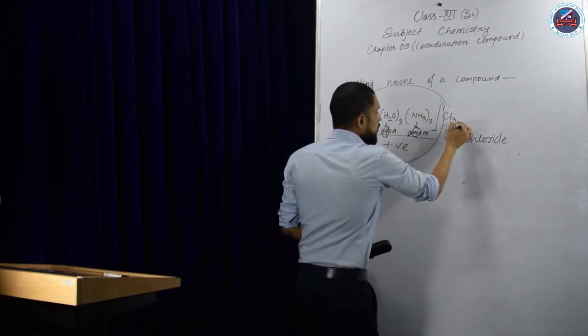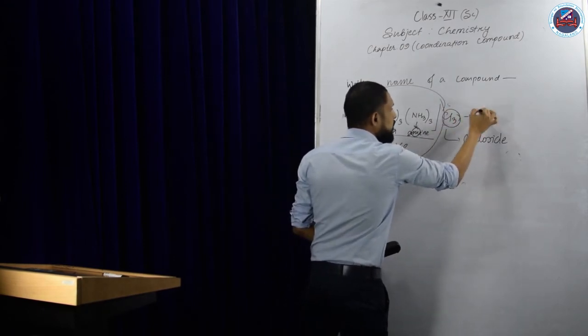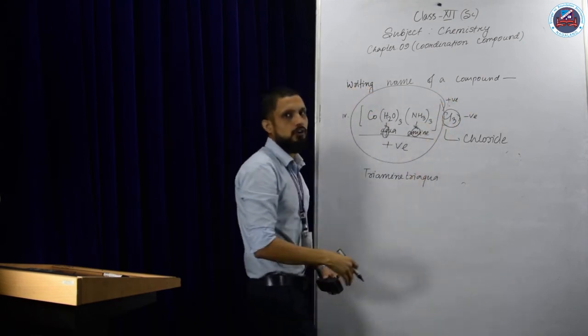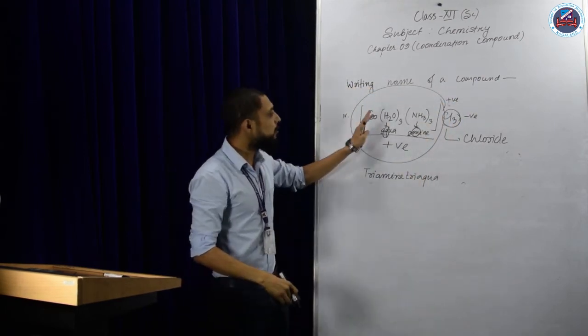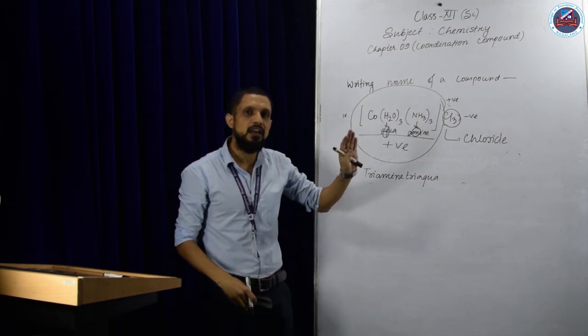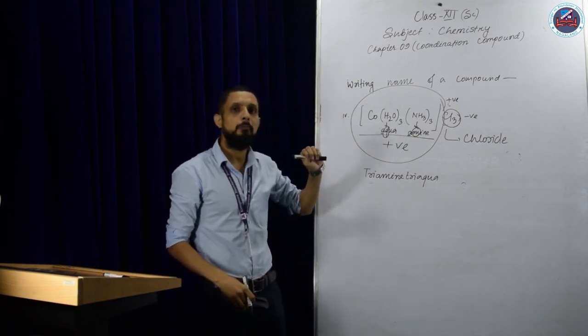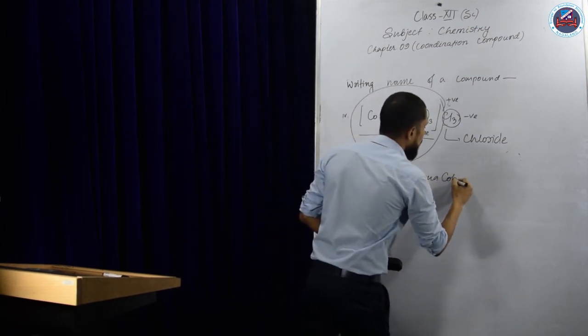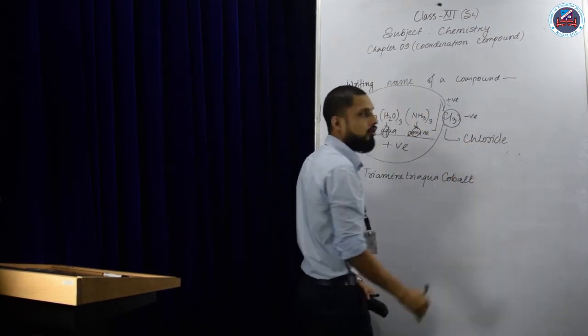Now since the counter ion is negatively charged, the coordination entity will be positively charged. So for this, we don't need to add ATE to the name of the central metal ion. So we'll just write it as cobalt, C-O-B-A-L-T, cobalt.